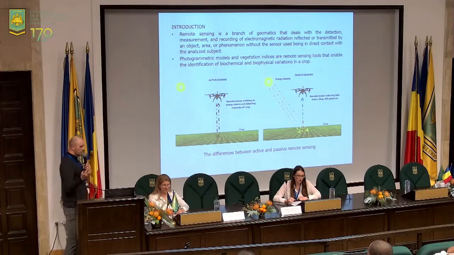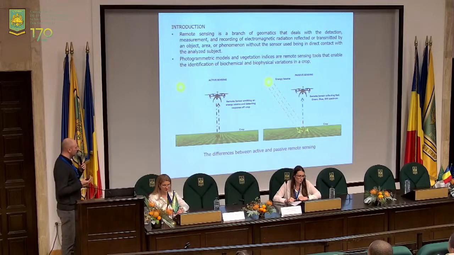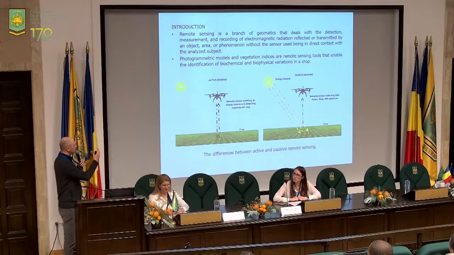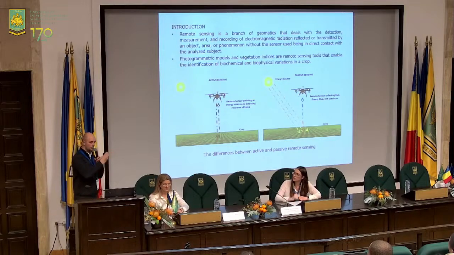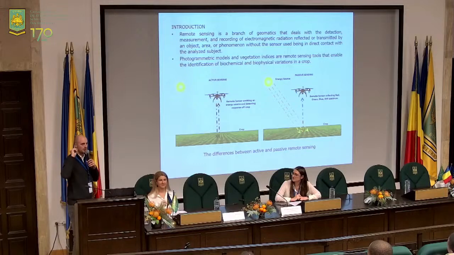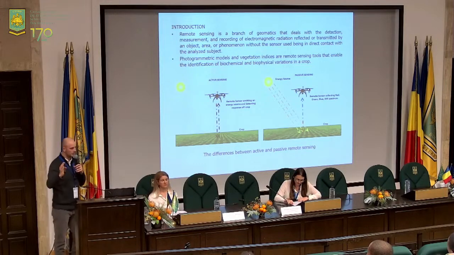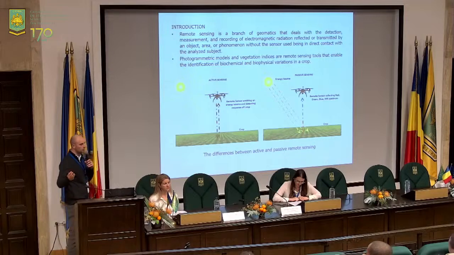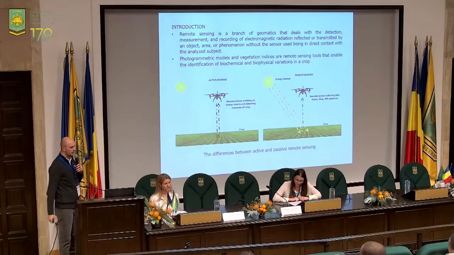Another very important difference: in remote sensing, we have two types, active sensing and passive sensing. In passive sensing, we use the sunlight to measure. In active sensing, the sensor sends an impulse to make the measurement. In my study, I used a drone, but you can also do it with a satellite, like my colleague before.